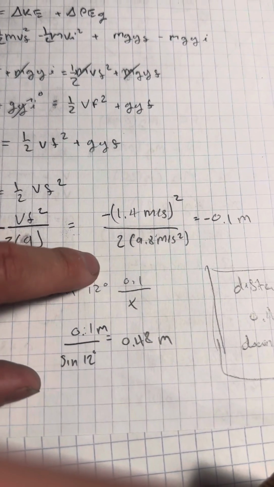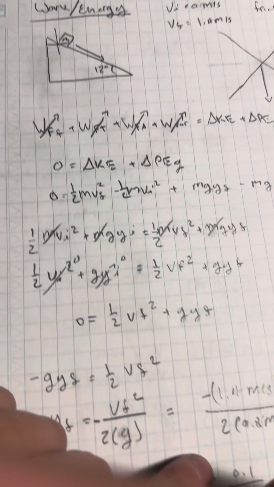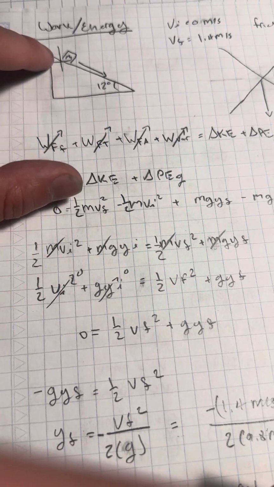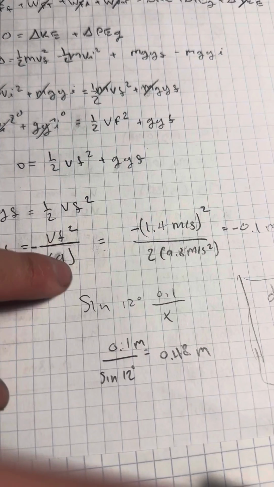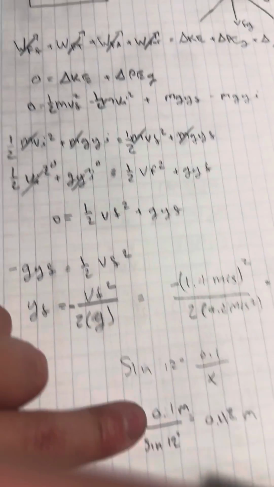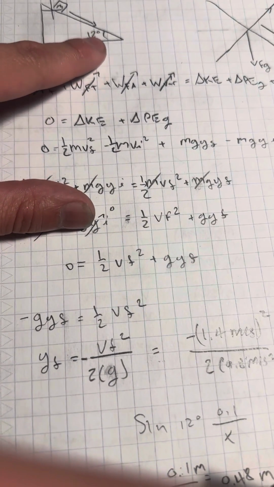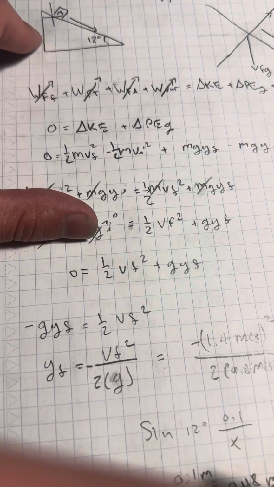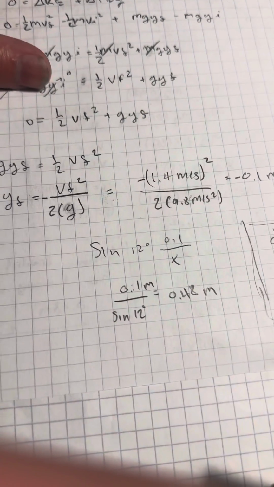When we're just looking at the triangle, it'll be a positive value. And so the distance of the hypotenuse, when we do sine 12, is equal to opposite over hypotenuse.